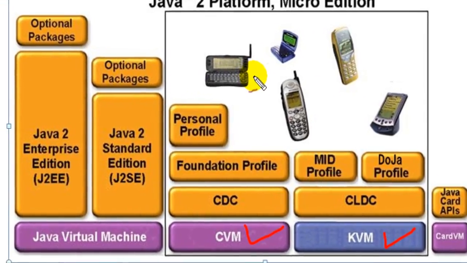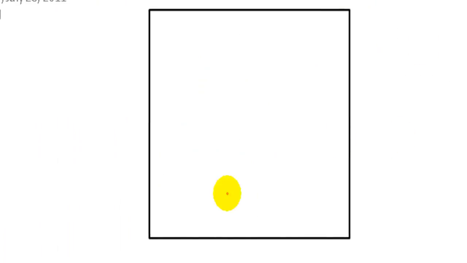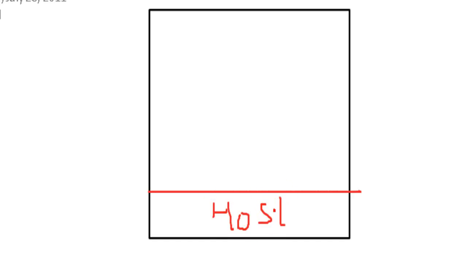If I show it only for J2ME, in the layered architecture, the first thing is your host OS, whatever operating system you have.